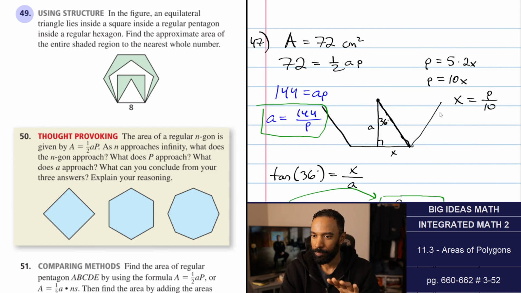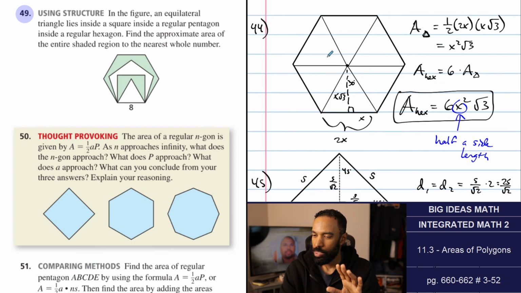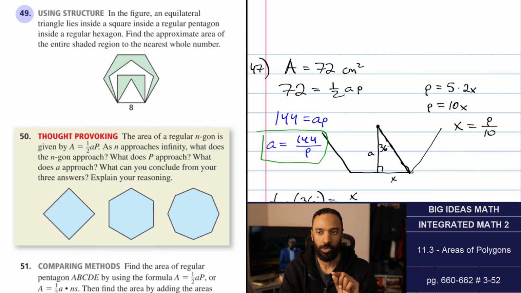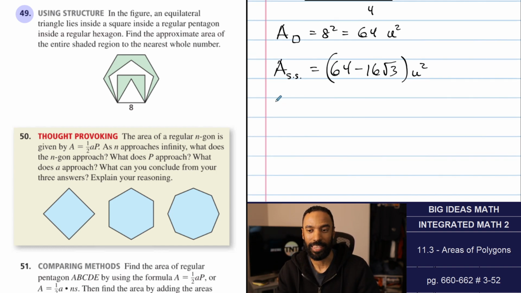What I did on this problem here, this was the area of a regular hexagon with a half side length that was x. Half the side length is x, half is 4. So 6x squared root 3. Let's trust that I got that answer right.